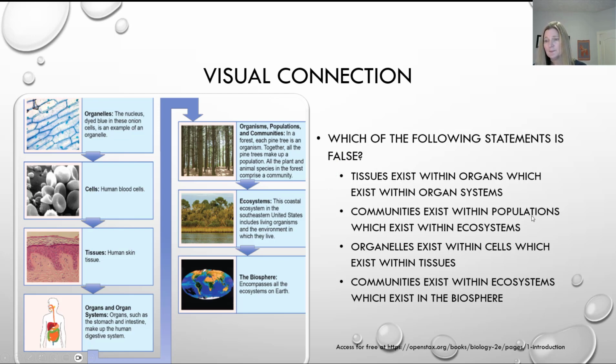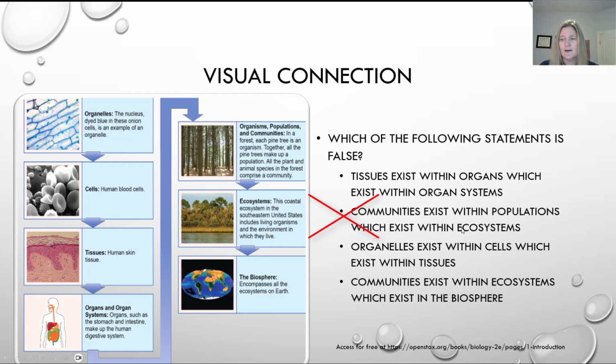Communities exist within populations, which exist within ecosystems. Is that true or false? Well, let's look at our order here. It says communities exist within populations. Well, aren't communities different populations? I think this one's false, okay?